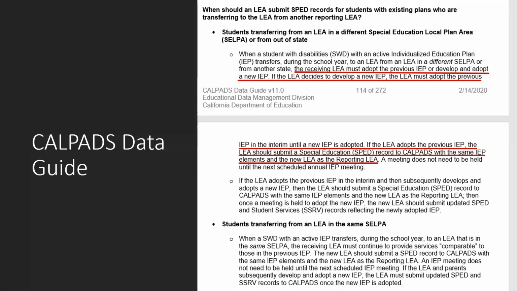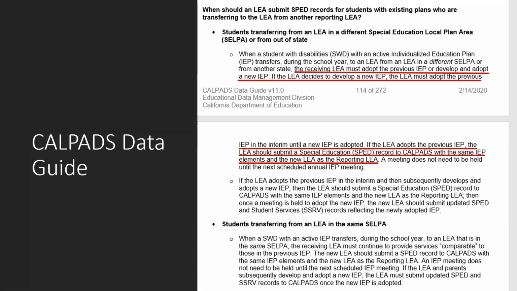And if you're looking at the screen, we deliberately left a page on there so you can know where to reference. It says, when should a LEA submit special education program records for students with existing plans who are transferring from one LEA to another LEA? I'm not going to read it all because it's quite a novel, but the important parts have been highlighted in red.